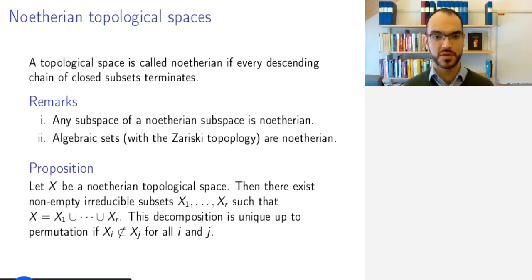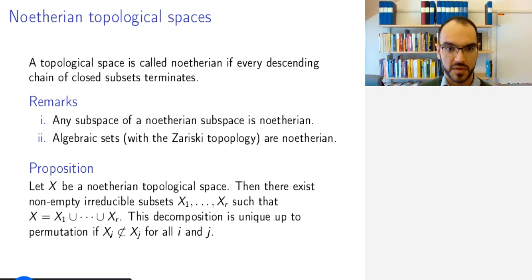What is good about such topological spaces is that they have a unique decomposition into irreducible subsets. So if you have a noetherian topological space X, then there exist non-empty irreducible subsets, so that X is the union of these.